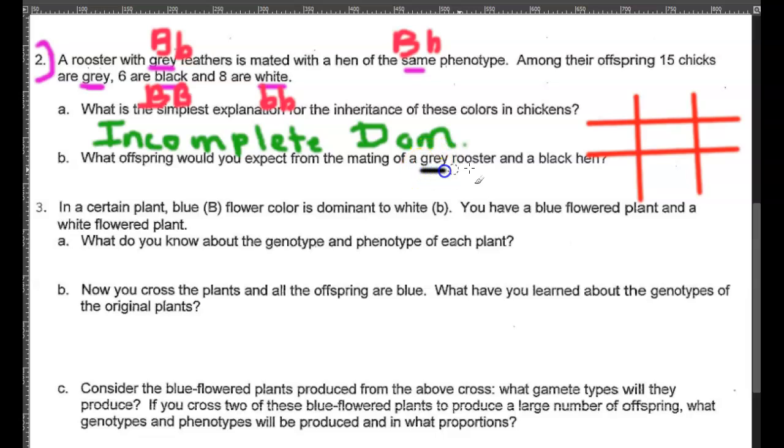Gray. Doesn't matter what side you put it on. Heterozygous.